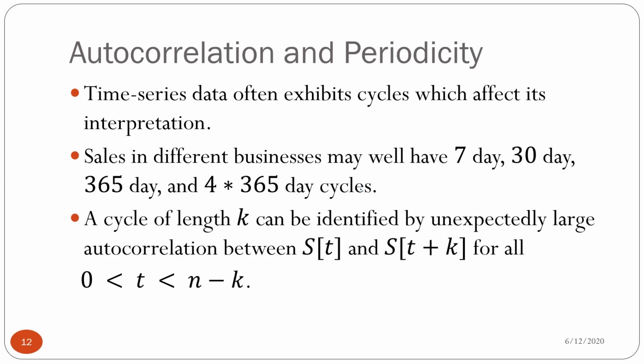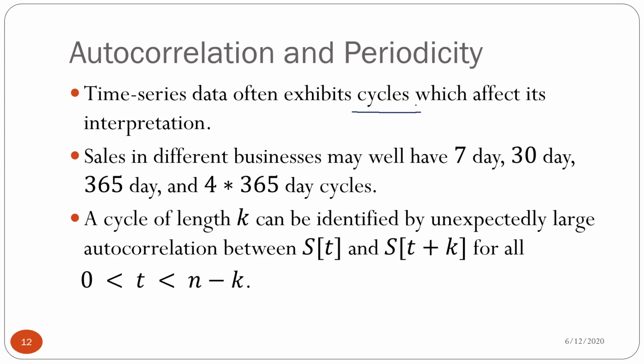For all these kinds of analysis we use autocorrelation. And there is something called periodicity or seasonality in that time series data. So let's try to understand what autocorrelation is, how it relates to correlation, and what we can do with it. The time series exhibits something called a cycle.